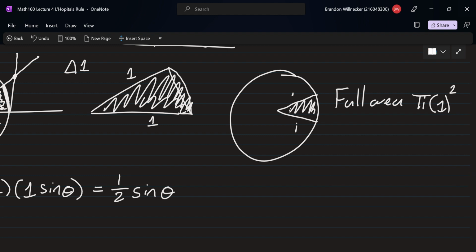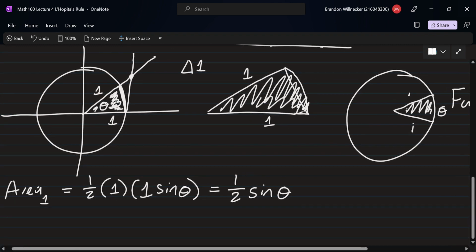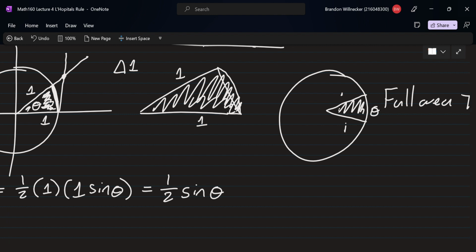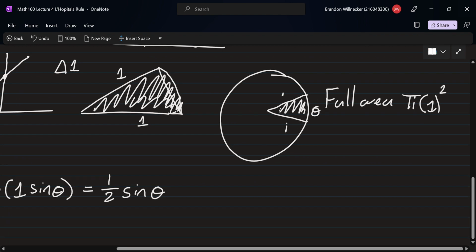But we don't have the full area, we only have a little section of it. So how do we relate the little section to the full area? We're going to use a ratio. We know that this little section here makes an angle theta. That's the angle inside there. Now the full angle is 2 pi. If we go around a full circle, we go around a full 2 pi.